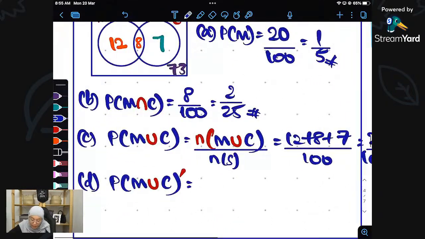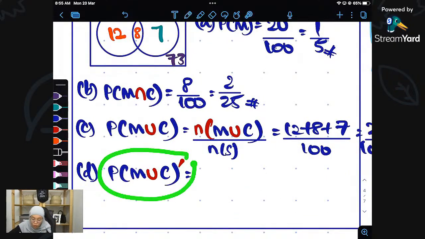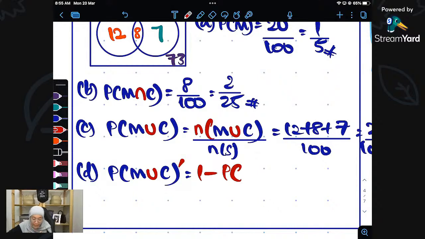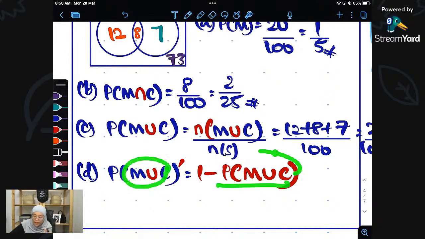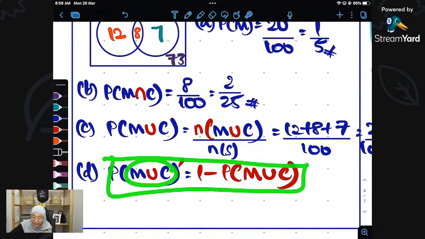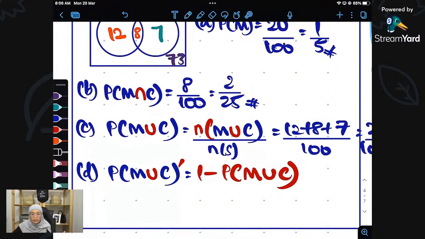Okay, and the last one is maths union with chemistry, but this part is the complement event. So the formula is 1 minus the probability of M union with C, still union. It's still union. By using this complement event, we have to use the exact same thing, not a different thing, right?